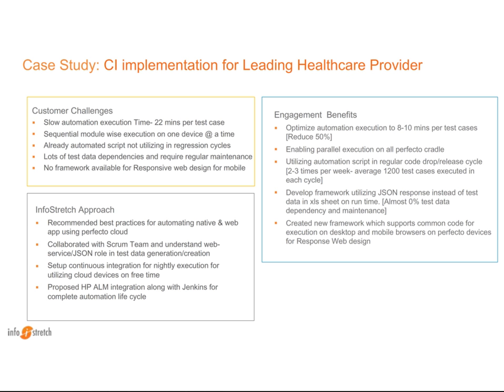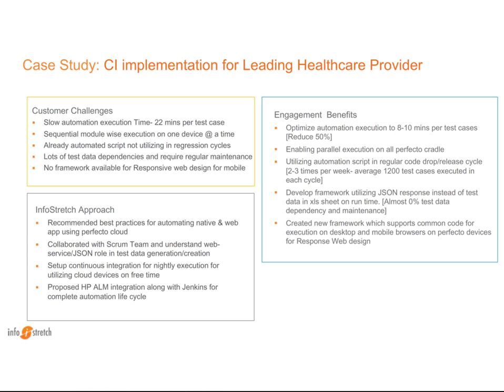So faster execution time, parallel executions rather than all the sequential execution. Then we utilized the automation scripts in different release cycles. Within the 2-3 times per week average, 1,200 test cases were executed in each cycle.